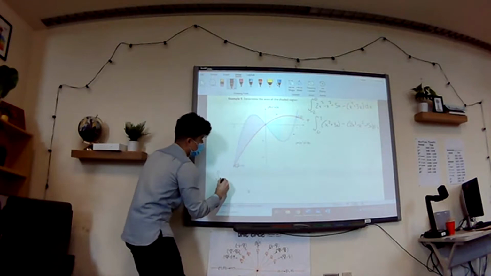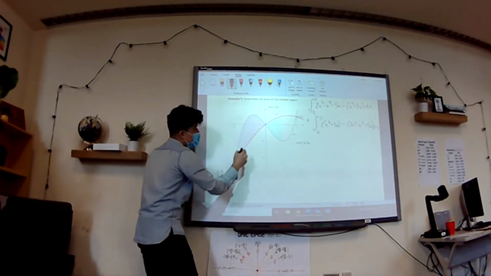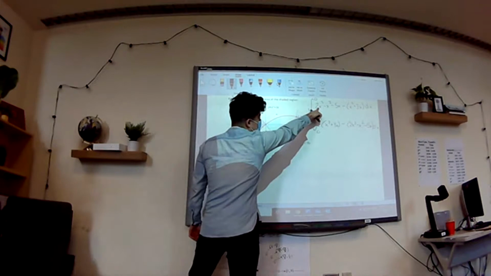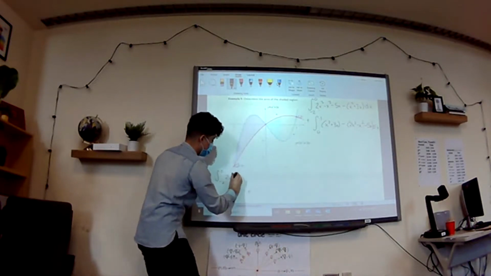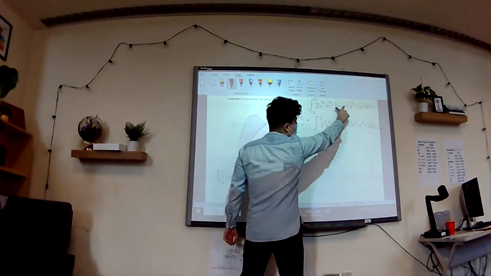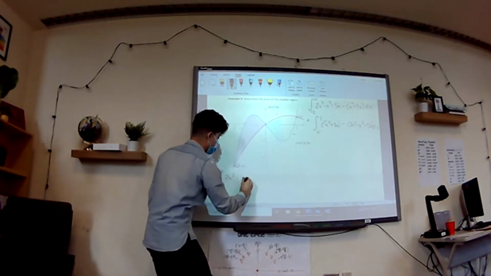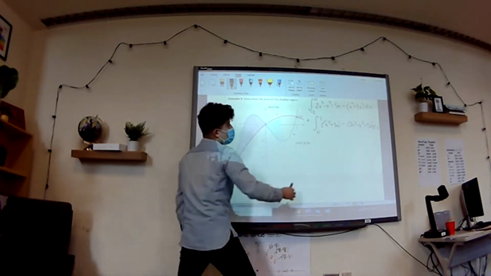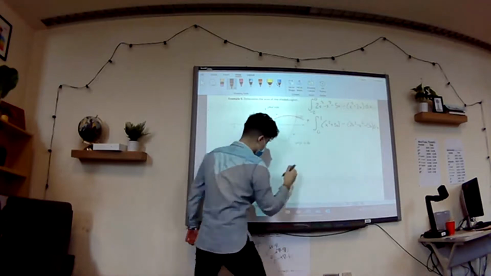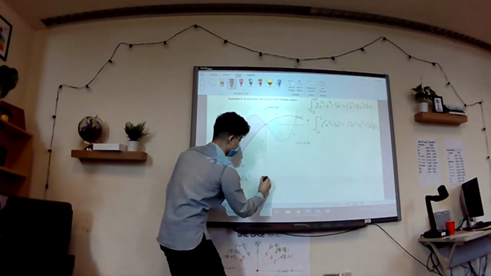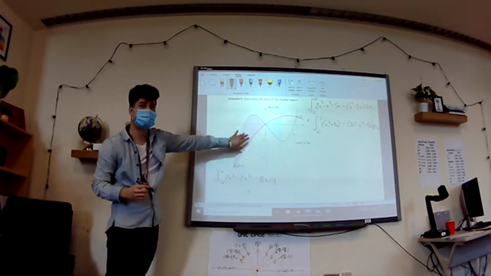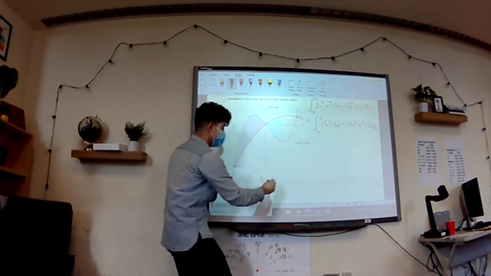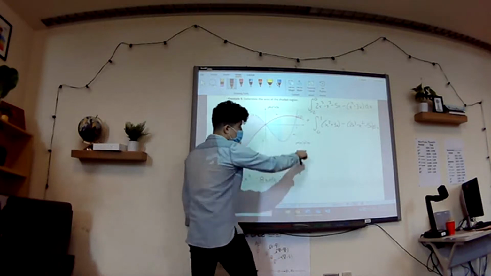That would be -2 to 0 of, this simplified would be 2x cubed, and it's -x squared minus another x squared, minus 2x squared. And then minus 5x minus another 3x is minus 8x. Yes, that's my purple section. Then I do the same thing over here.